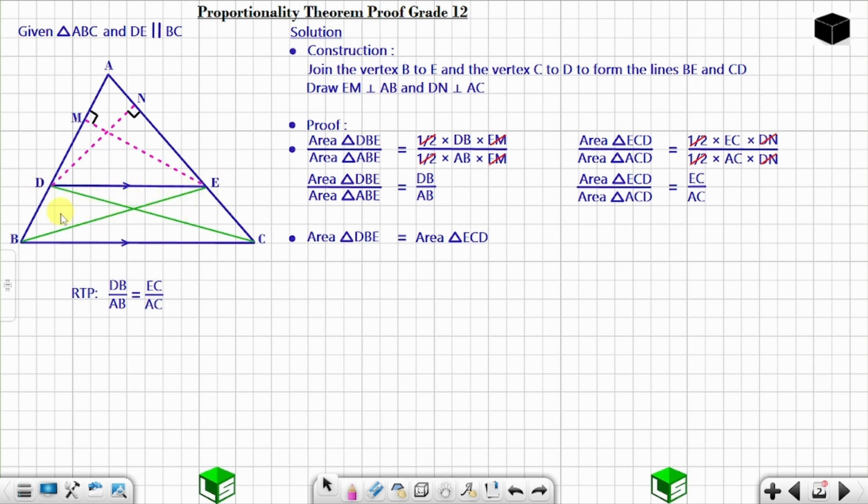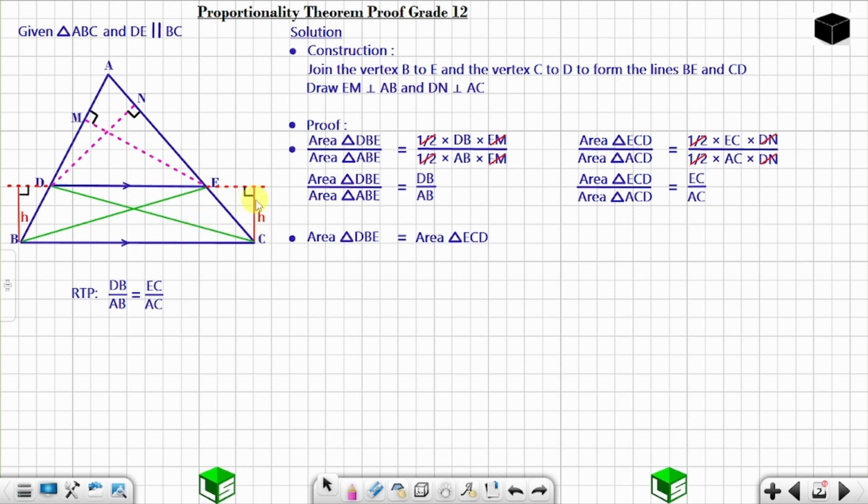The two triangles have a common base DE and the height is the same. If you extend DE, you are going to have this line perpendicular to this line. So this is the height.